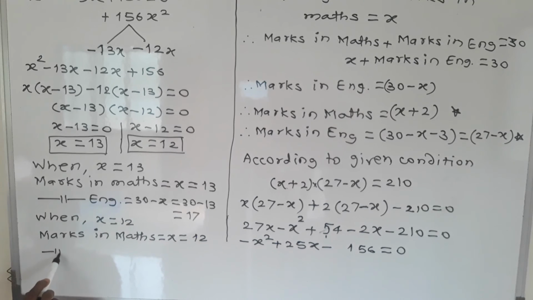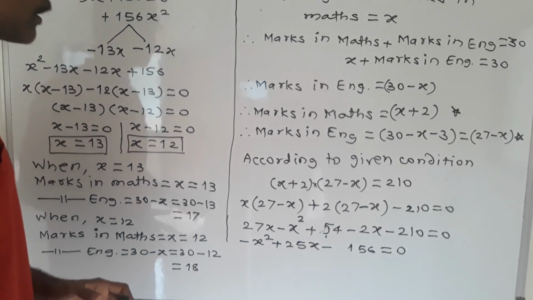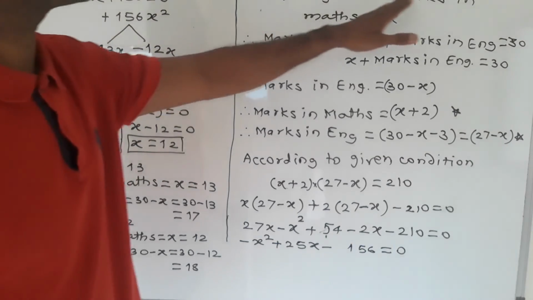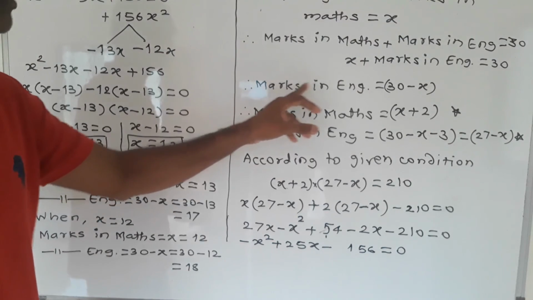Therefore, marks in English is equal to 30 minus x means 30 minus 12. Therefore, marks in English 18. This way we will find out answers of Jagruti's marks in maths or mathematics and Jagruti's marks in English.